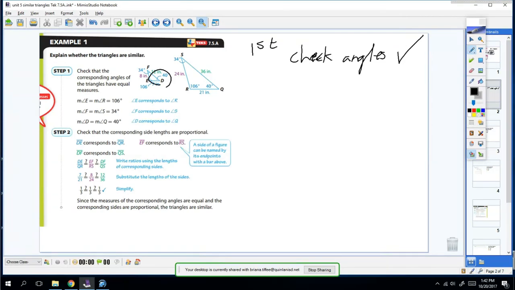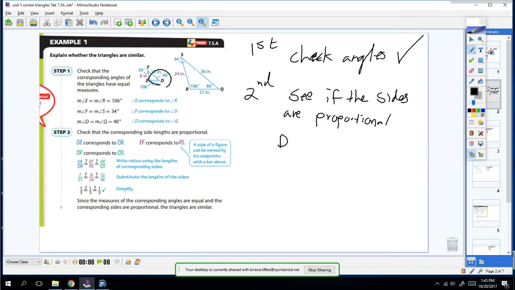My second thing I gotta do is see if the sides are proportional. The way we do it, again, we have triangle DEF to triangle QRS.